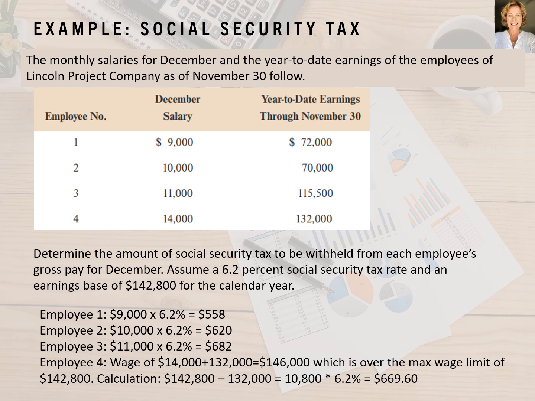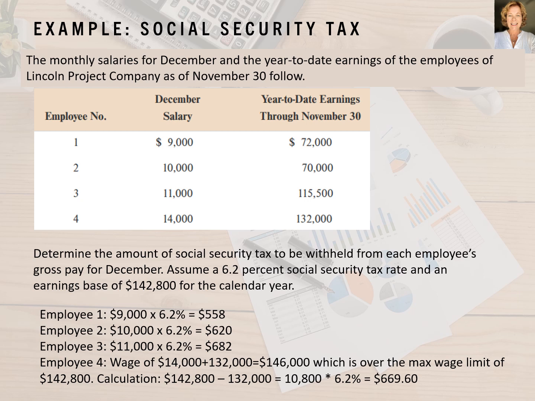Employee number 4, however, has November year-to-date wages of $132,000, and when we add the December wages to the November year-to-date wages, we get $146,000. That is above the maximum wage limit for Social Security. That tells us that not the entire December wages are subject to Social Security taxes.